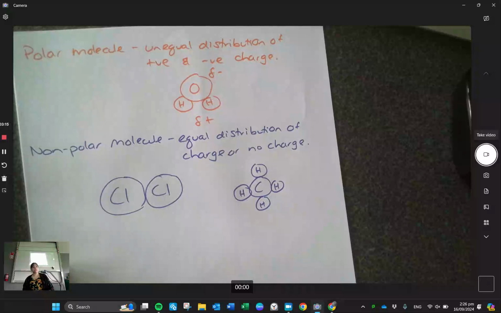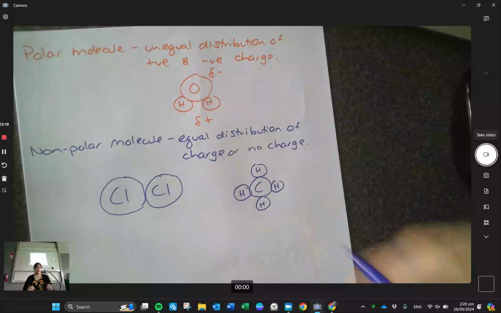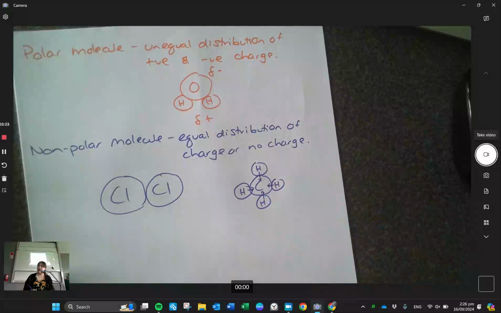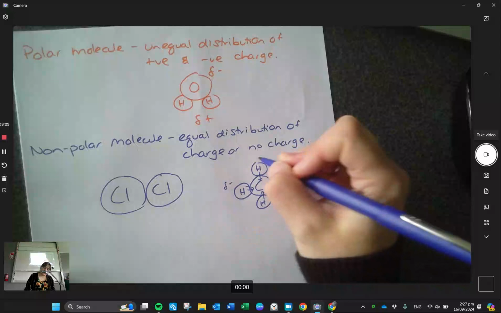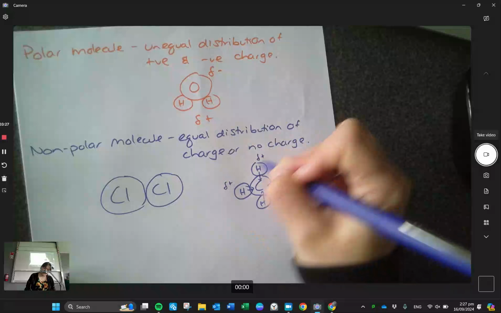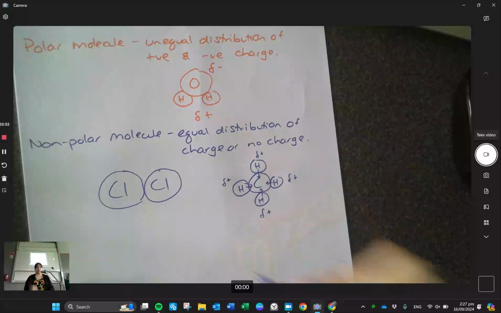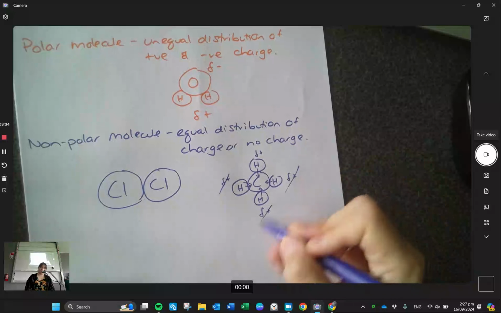which in this case, the carbon is slightly more electronegative than the hydrogen, so it is going to pull it a little bit closer, like that. But everywhere around the molecule is going to be slightly positive, and so that's the same charges all around it, so it cancels out. So that cancels out with that one, cancels out with that.